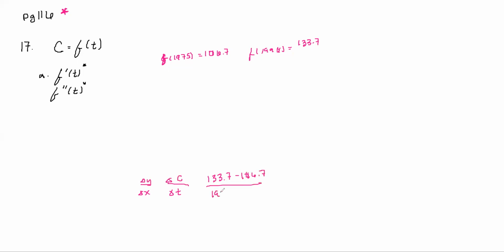And then 1990 minus 1975. The end result of this is going to be what? 30, I don't have a calculator on me. So that's 27, right? Something like 27 over 50.